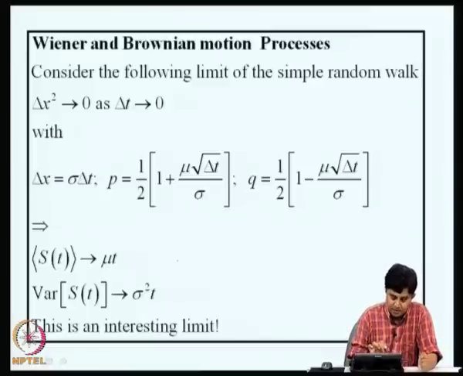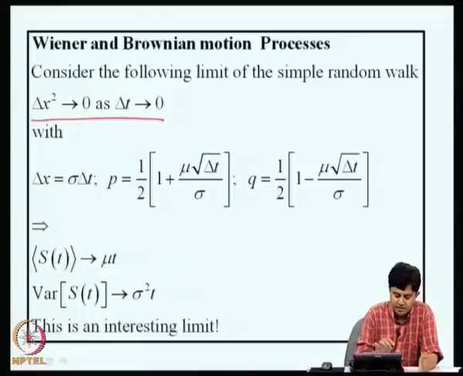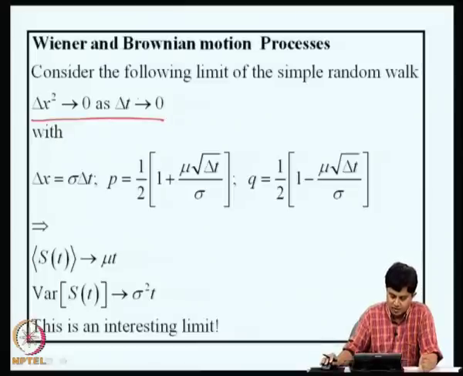This resulting random process is a Wiener process that we have seen, and for this Wiener process the complexity associated with trajectories is that as delta t goes to 0, delta x square goes to 0. So, this will create certain additional complexities when we have to deal with calculus of these random processes.